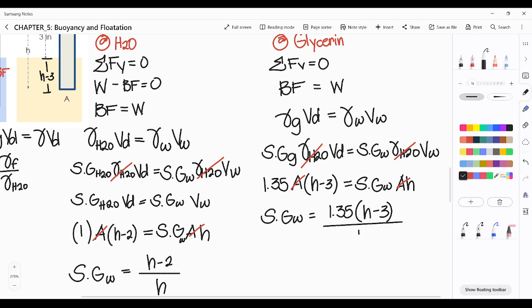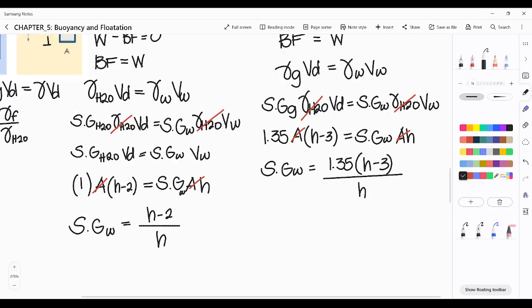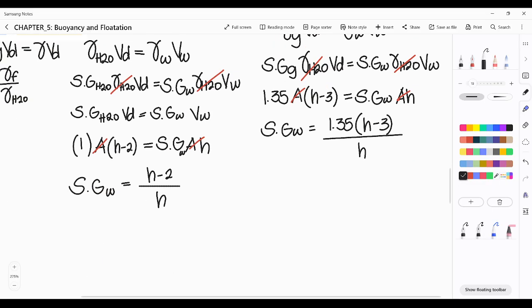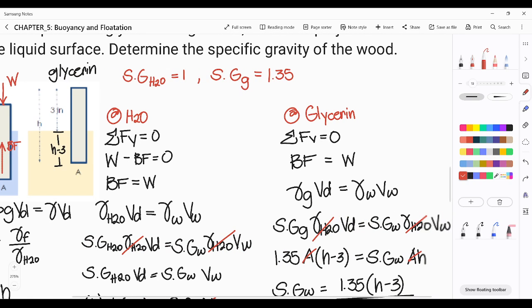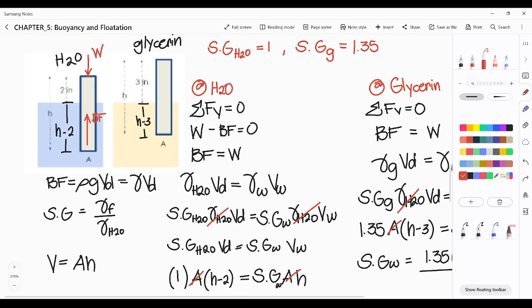May nakuha na tayong dalawang specific gravity of wood from two different scenarios, from two different fluids with two different lengths of projection from the surface of the fluid. Sa water, 2 inches yung nakaproject from the surface, and sa glycerine, 3 inches naman.